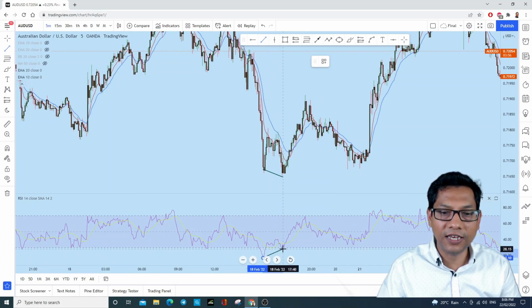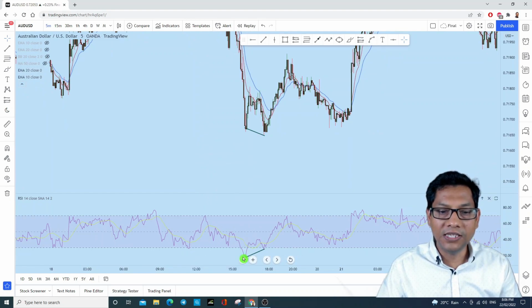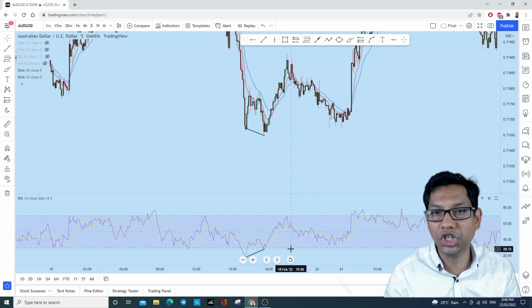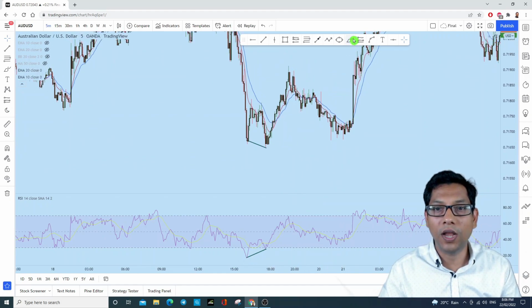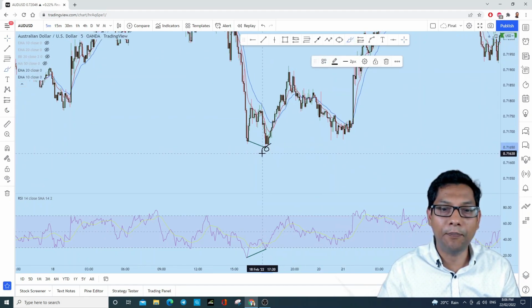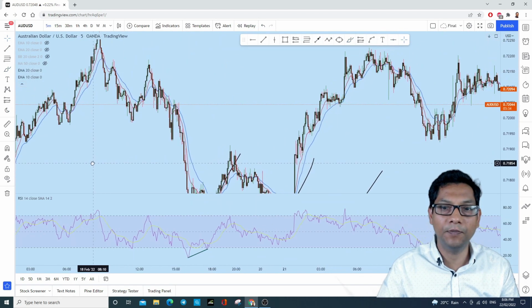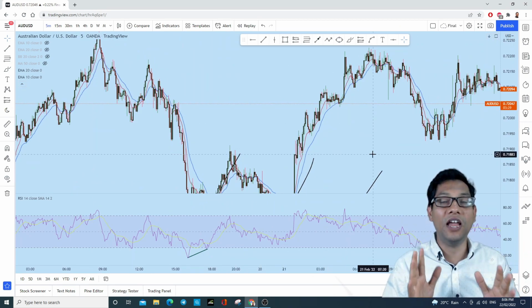It has created a sharp higher low. At the same time, this higher low is formed in an oversold condition in the RSI indicator. So both of our conditions are fulfilled, and after that, the price sharply went up and created a new trend with a big move to the upside. This is the power of RSI divergence.